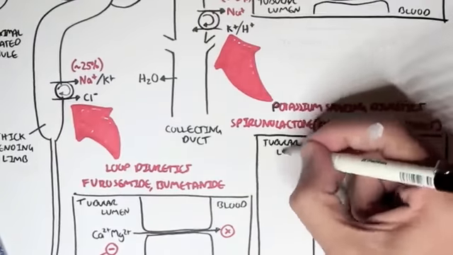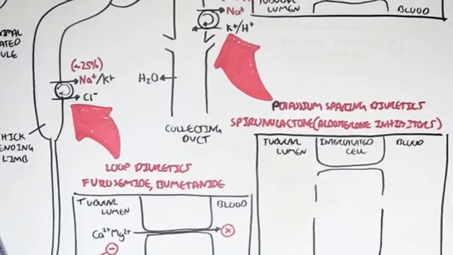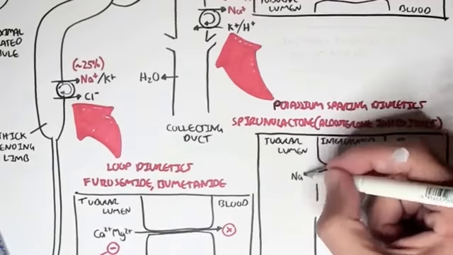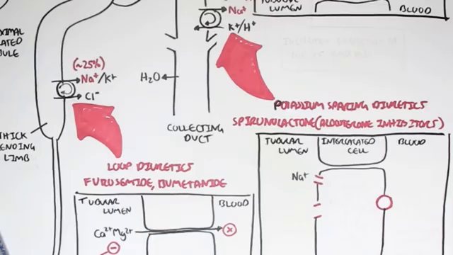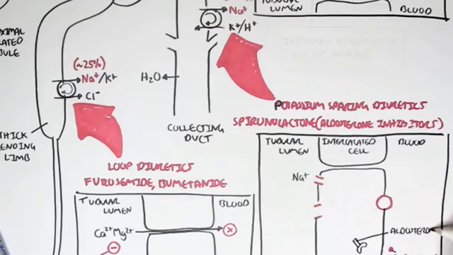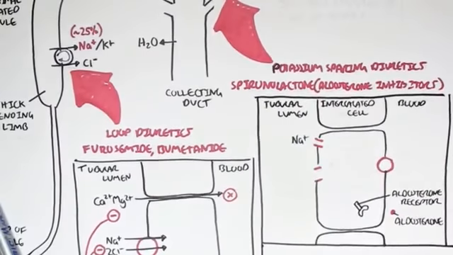So what happens is, normally, again, here we have the tubular lumen, intercalated cells, and the blood. Within the blood, we have the hormone aldosterone, which is secreted by the adrenal glands, the cortex of the adrenal glands. Within the intercalated cells, we have the aldosterone receptor. Aldosterone is a steroid, so it will bind to the receptor inside the cell.